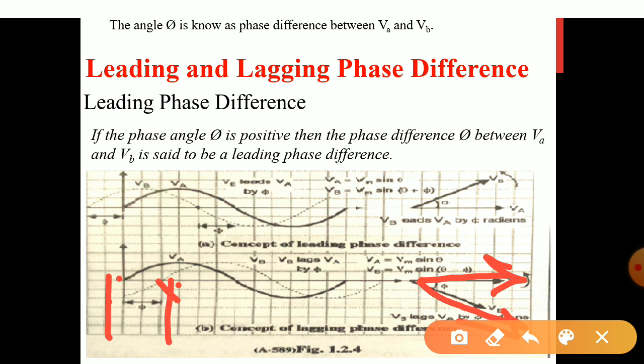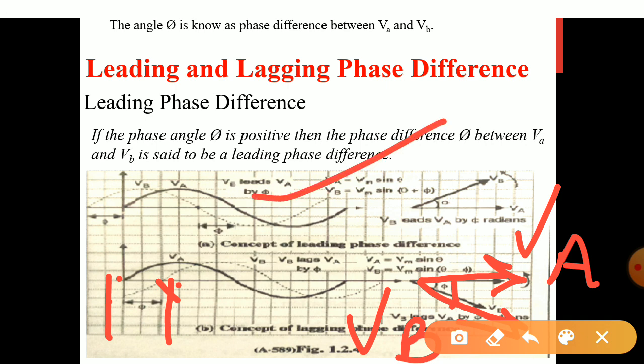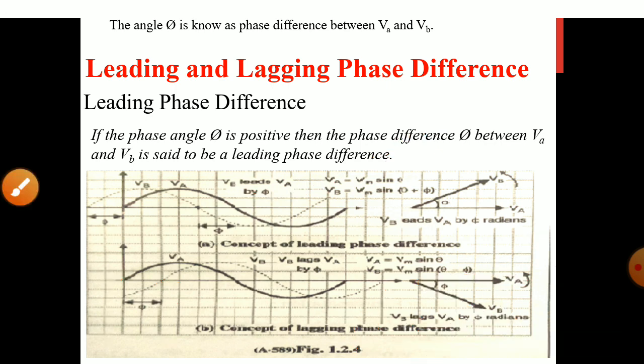So roughly we are drawing here the phasors denoted by VA and VB. So this is how we will be representing phase difference. Both diagrams are clear to you. The first one is the leading one, and the second is the lagging one.